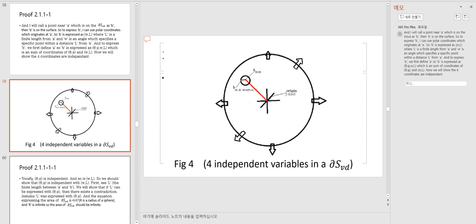So, to express B, I can use polar coordinates, which originate at A. So B is expressed as (omega, L), where L is a finite length from A, and omega is an angle which specifies the specific point within a distance L from A. And to express B, we first define A, so B is expressed as (theta, phi, omega, L), which is a sum of the coordinates (theta, phi) and (omega, L).